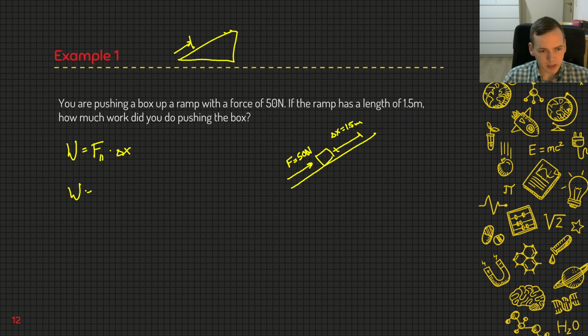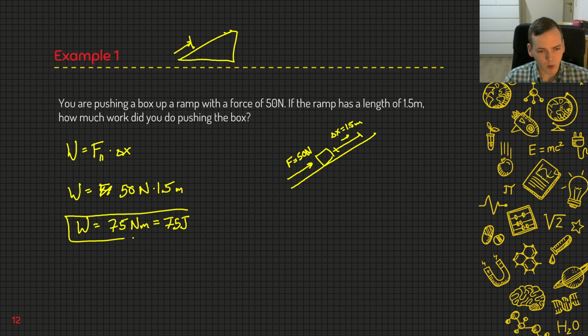So work is equal to, these are parallel, so that's great, force, and we know that the delta x is going to be to the right. I don't need to write force. We can do 50 newtons times 1.5 meters. Work is equal to, that should be 75 Newton meters, or also 75 joules.